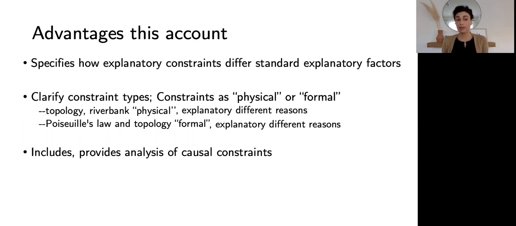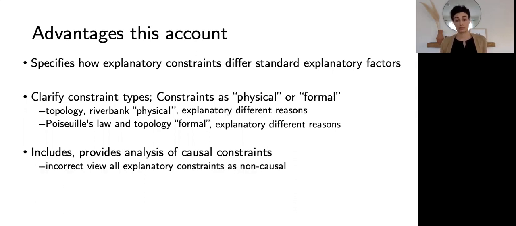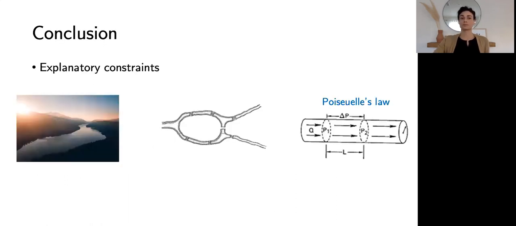Third, my analysis includes causal constraints. This is a huge omission in this literature. Part of what this shows is that it's incorrect to view all explanatory constraints as non-causal, right? Or all constraint-based explanation as non-causal. In conclusion, in my talk today, I've provided an analysis of explanatory constraints and their role in explanation.